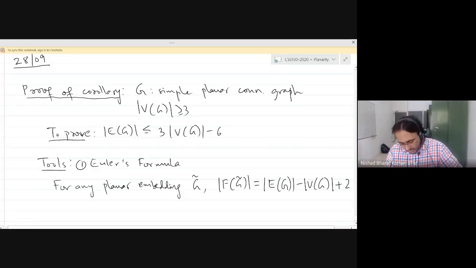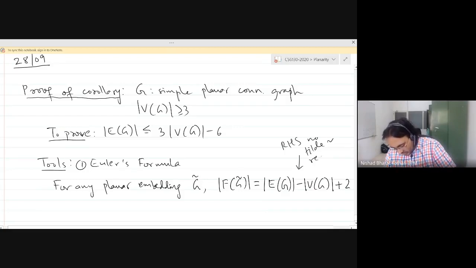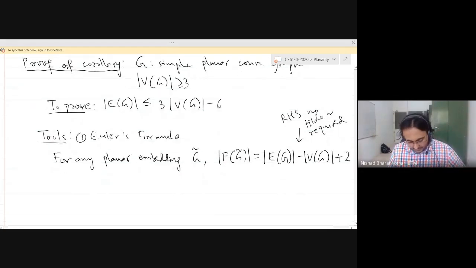Notice that I did not put a tilde on the right hand side. Of course, because it doesn't matter what planar embedding you're looking at.